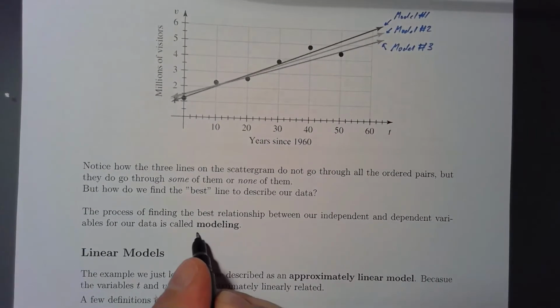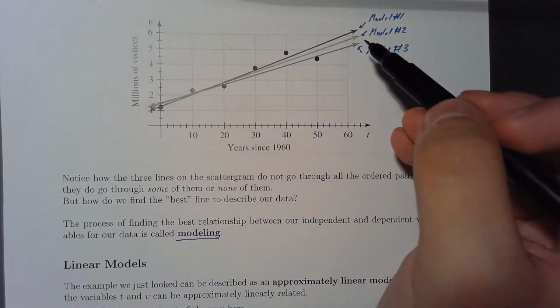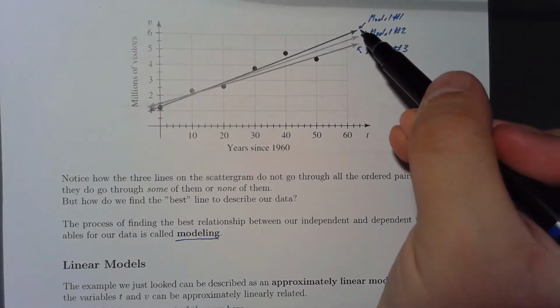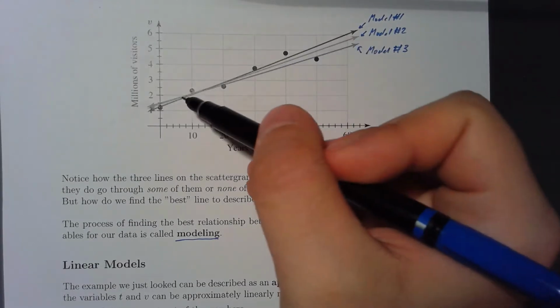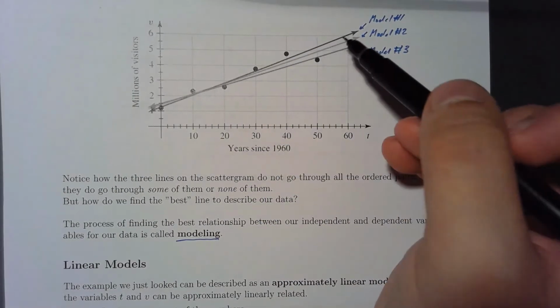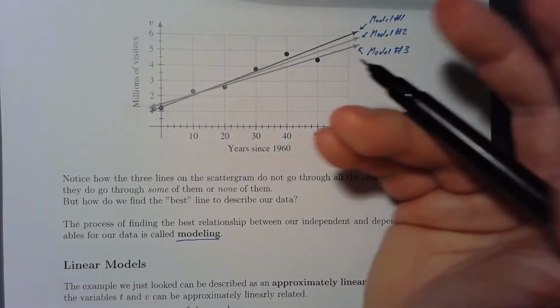Here's the description of modeling. Modeling is a process of seeing which one of these three models comes as close to these data points as possible. Could I make another model, like Model 4, that would do even better than these three? Possibly.